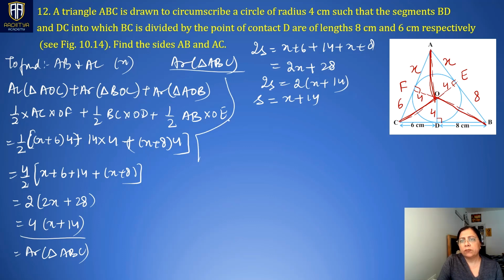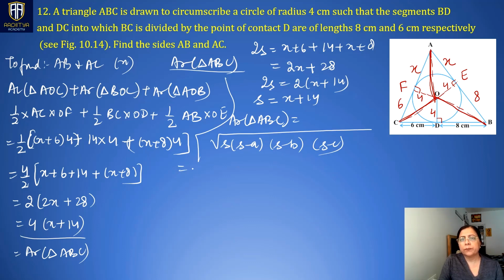Now area of triangle ABC is equal to this S. You can use this formula: S minus A, S minus B, S minus C. So what is S here? x plus 14. In this triangle we have x plus 14 minus A. A is what?